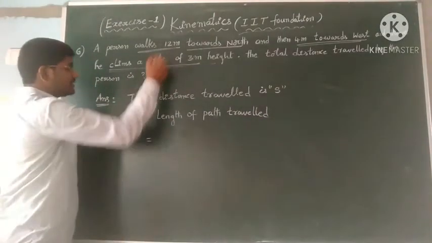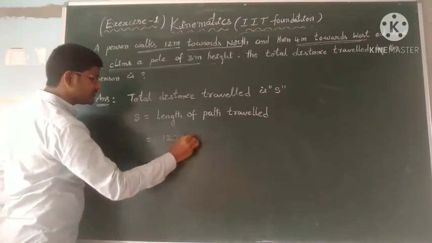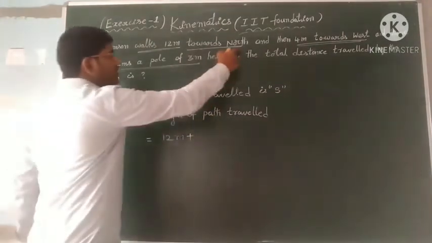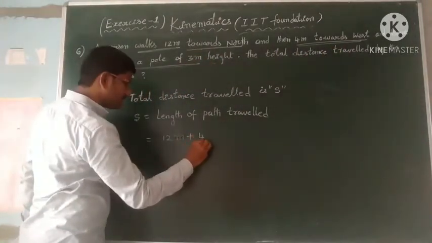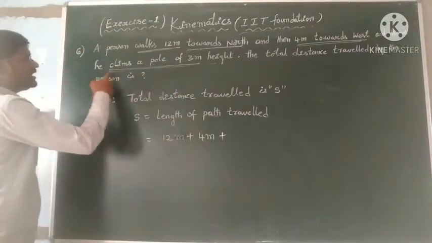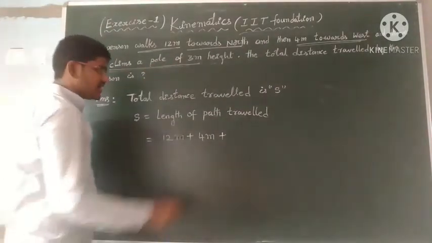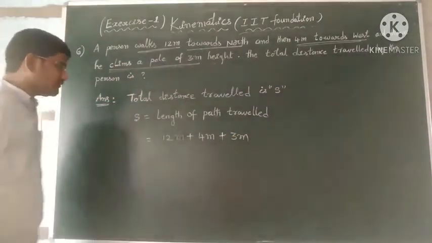Length of the path means first 12 meters, and then 4 meters towards west, and there he climbs a pole of 3 meters height. So from here, 3 meters height of the pole he covered.